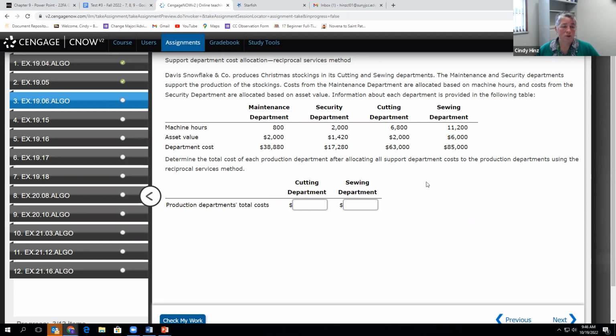So this reciprocal services method is more complicated. As we saw, we did this in a couple exercises in class. It was also in the homework problem. It is more of an algebra kind of question, rather than so much of an accounting question. And I did mention in class, the new edition of the book that just came out late spring actually doesn't cover the reciprocal services method.